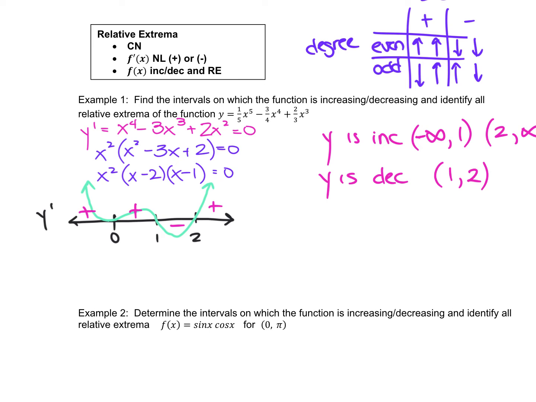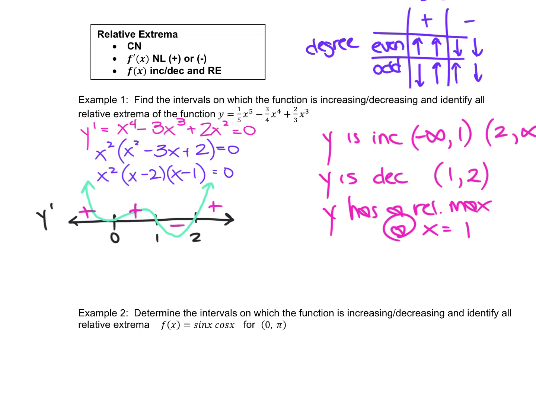At which x value does your derivative change from positive to negative? 1, right? It goes from positive to negative. So that tells me our original y has a relative max at x equals 1.